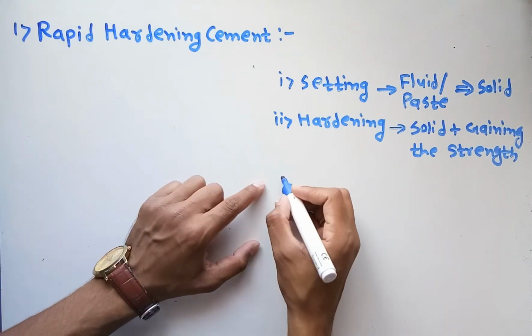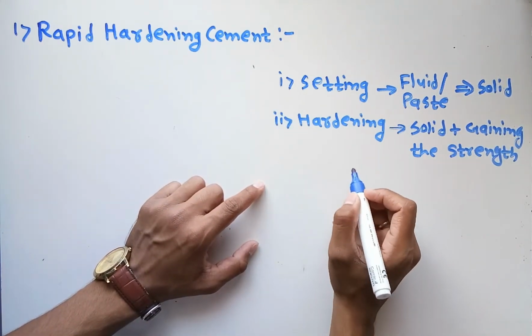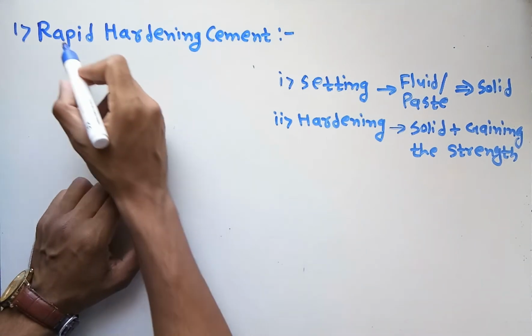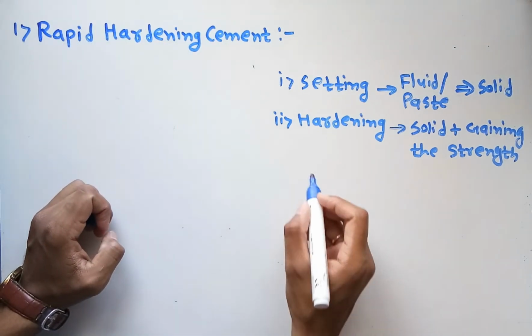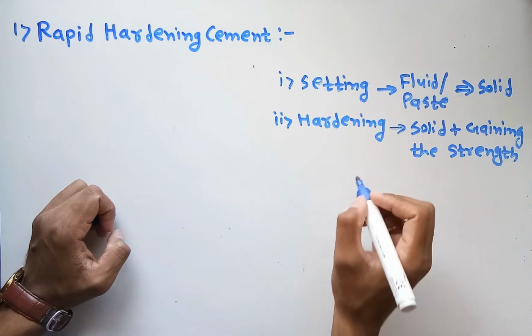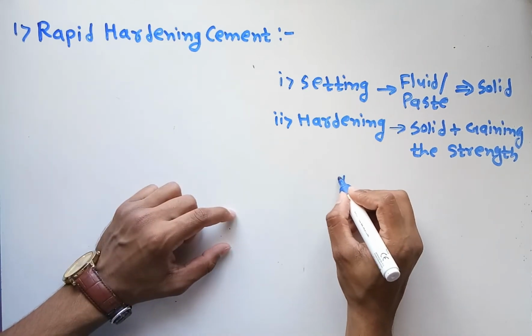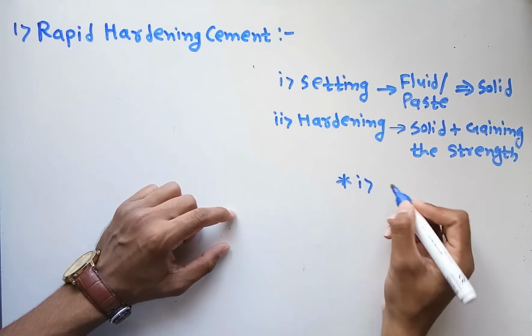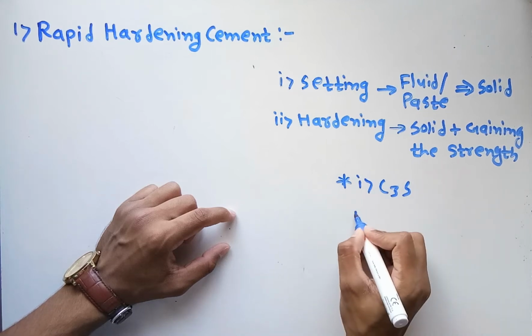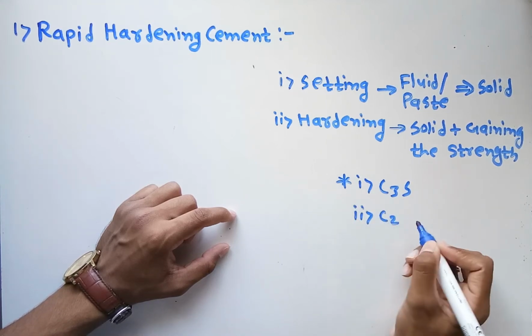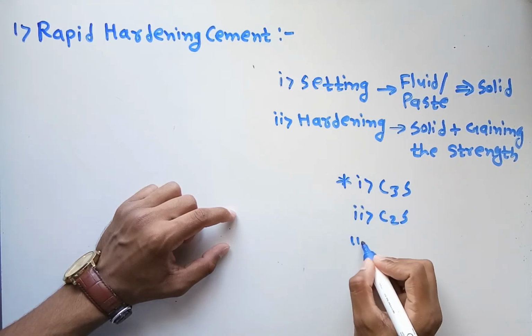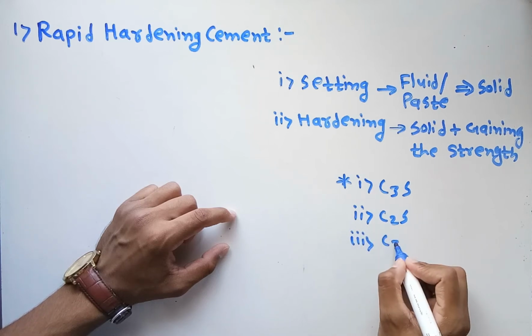In the last video, we discussed some Bogue compounds which play an important role in rapid hardening cement. So we will quickly revise it here. The first Bogue compounds that we have seen are tricalcium silicate, then dicalcium silicate, then tricalcium aluminate.